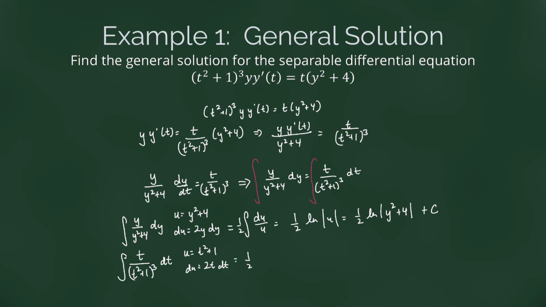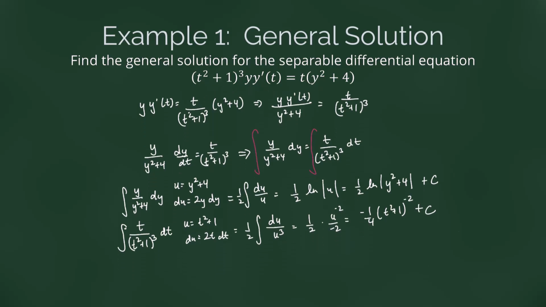We are going to get 1/2 the antiderivative of du over u to the third. So we end up with 1/2 times u to the negative 2 over negative 2, which is going to give us negative 1/4 times (t squared plus 1) to the negative 2 plus c. We'll label those as c1 and c2.